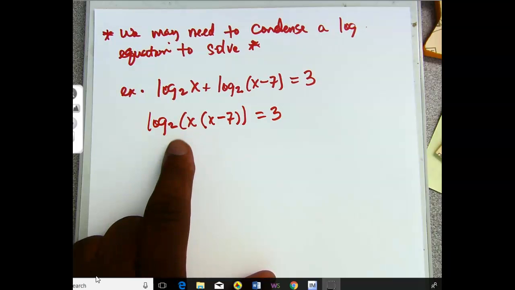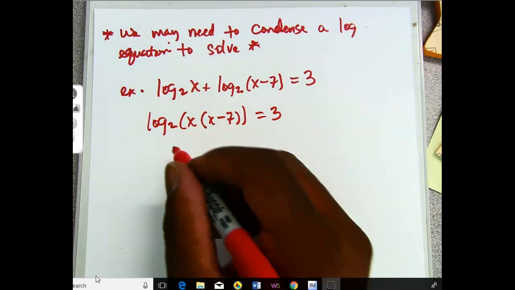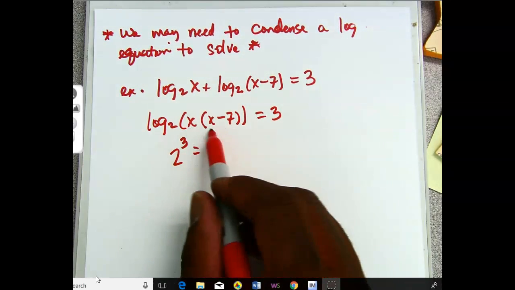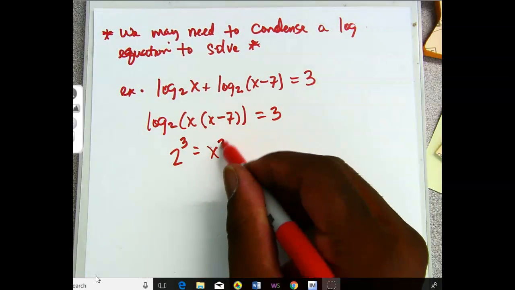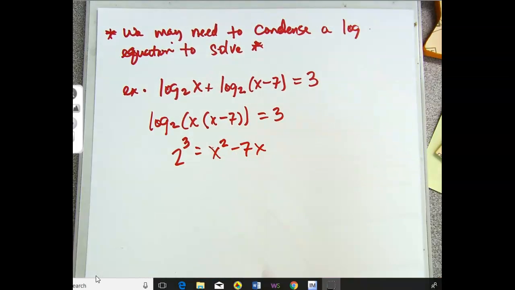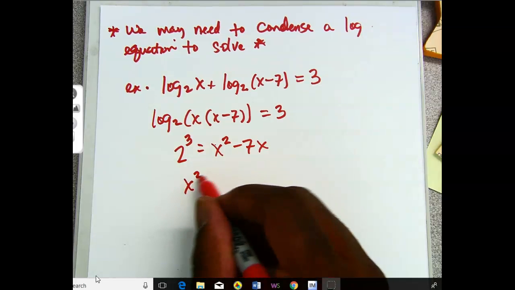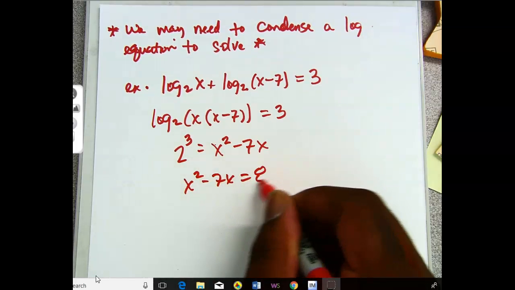So our next step would be to write this as an exponent. 2 to the third is, and I'm going to multiply this out because you are going to end up having to factor. If we subtract 8 on both sides, so here we have x squared minus 7x is equal to 8.